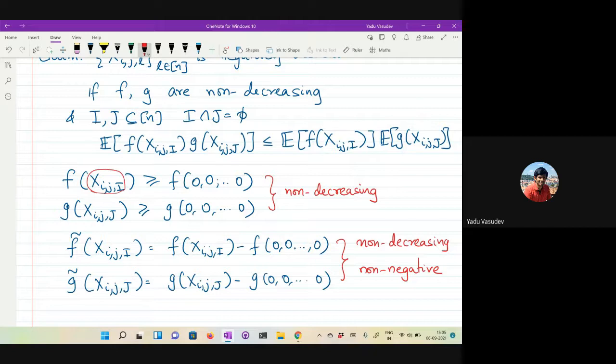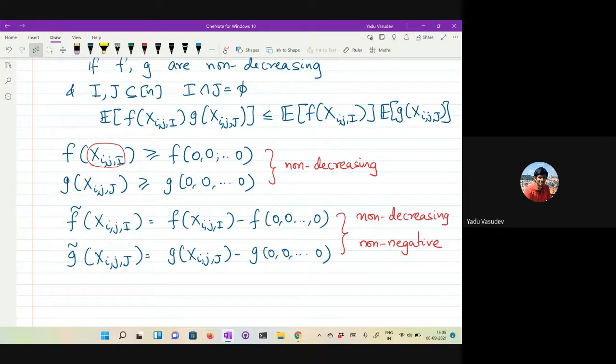And they are non-decreasing. So now what it means is that to prove this statement, it's sufficient to work with these f tildes and g tildes, which are non-decreasing and non-negative. It is sufficient to prove that it is true for these f tildes.